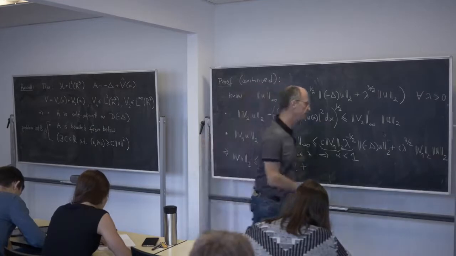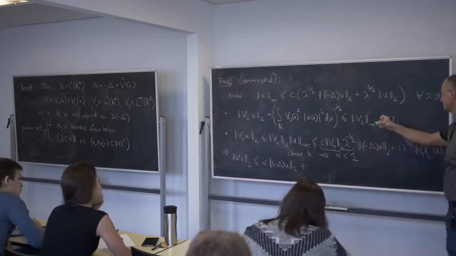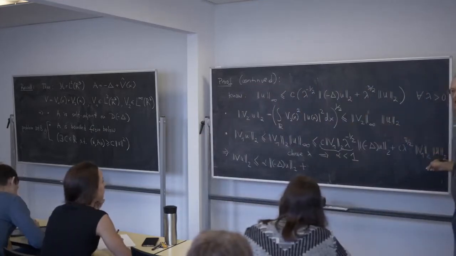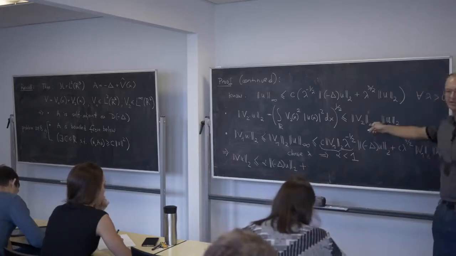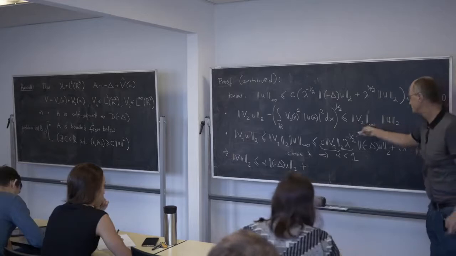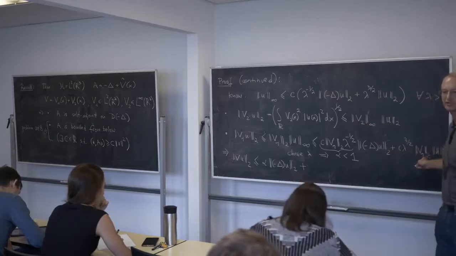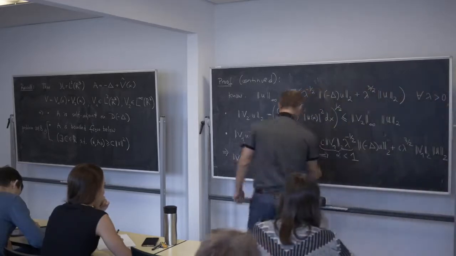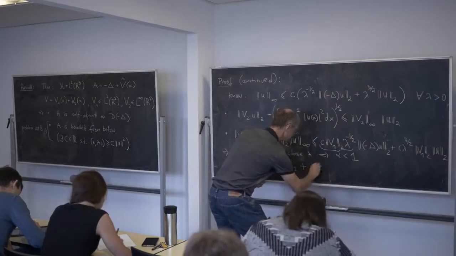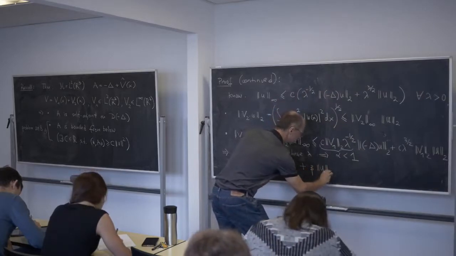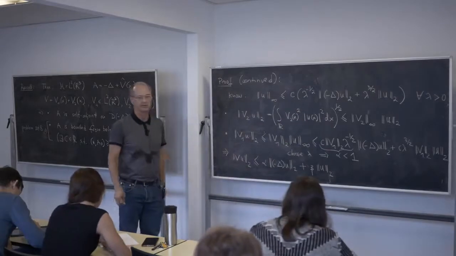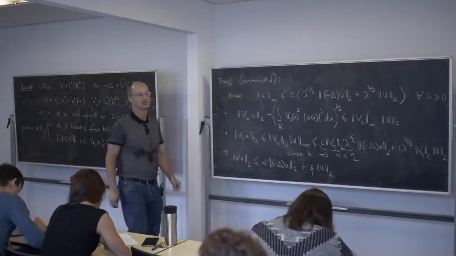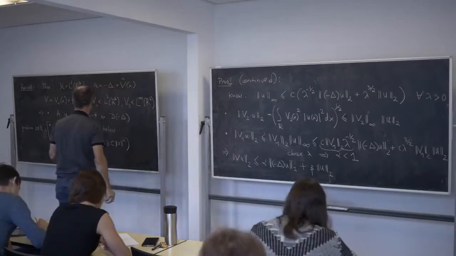Plus, there will be all this garbage, right? So this guy plus that guy. So here we don't have any control over the coefficients, but it doesn't matter. Let's denote the sum of those two coefficients by beta. So there is this guy. So that's a Kato-Rellich estimate, which now makes Kato-Rellich work.